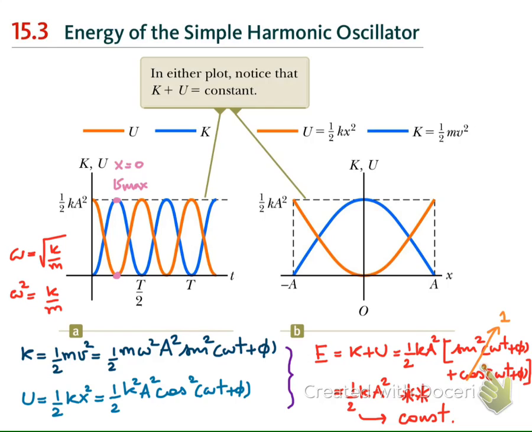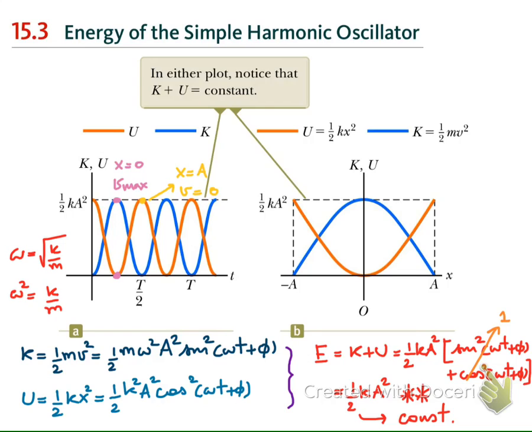The situation is totally different when the potential energy is maximum. You can see that at this point, x is equal to A, the amplitude of the oscillation, which means that v is equal to 0.